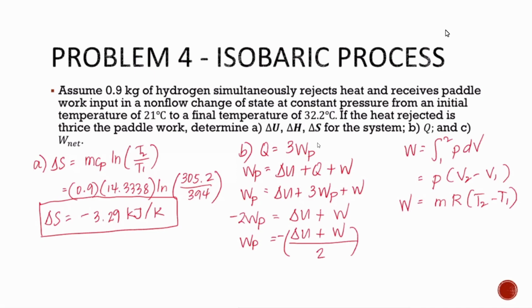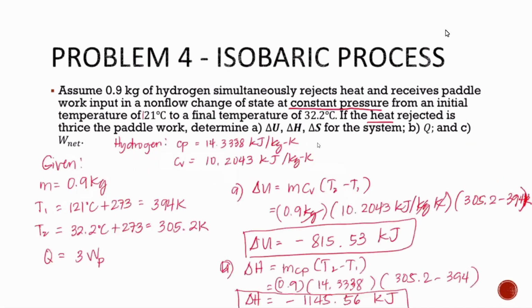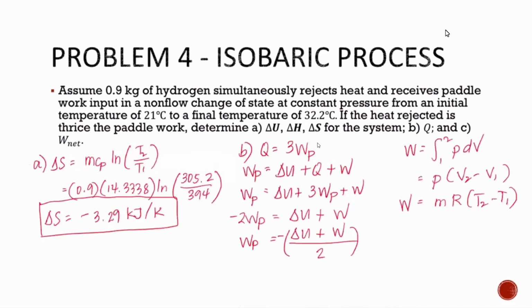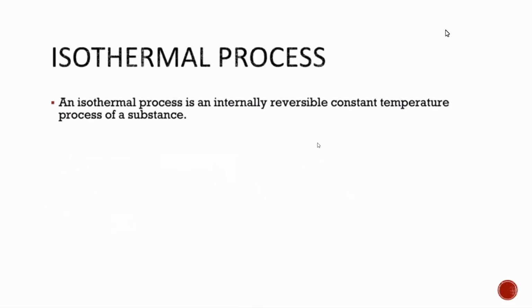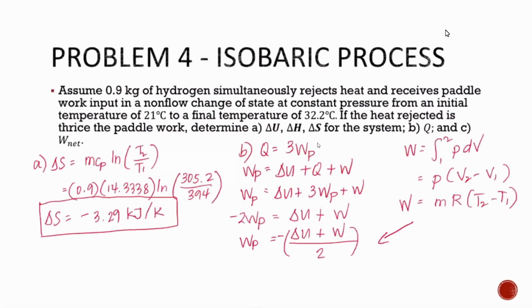Gamitin natin dito sa ating equation, where kanina ang ginamit natin kay delta U ay ito: MCV T2 minus T1. So, ilalagay na natin dito. Teka lang, dodoblehin ko lang yung aking slide. So, we have WP is equal to negative, ano yung delta U natin kaninang ginamit?